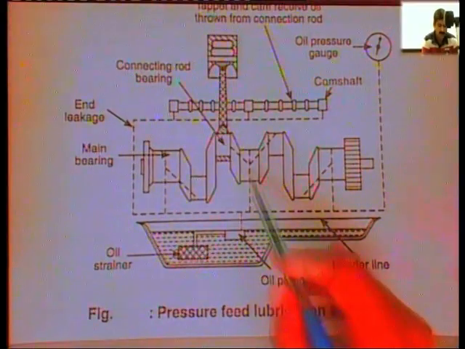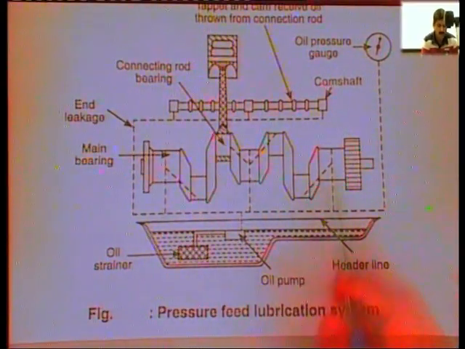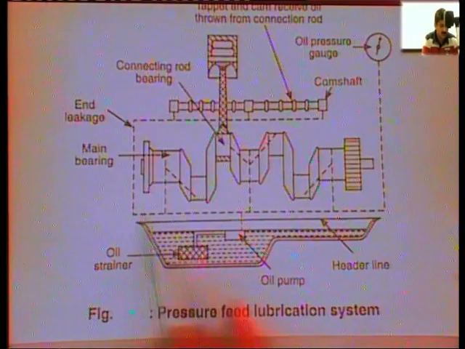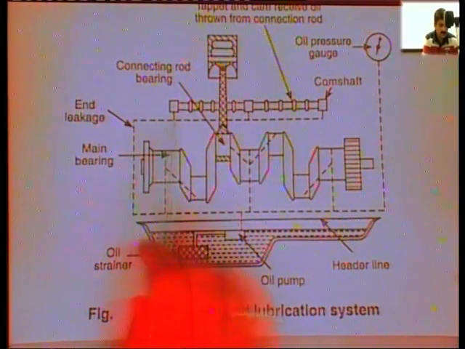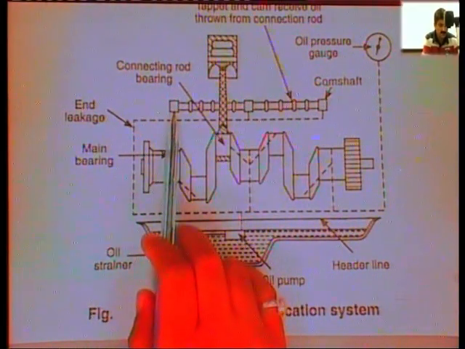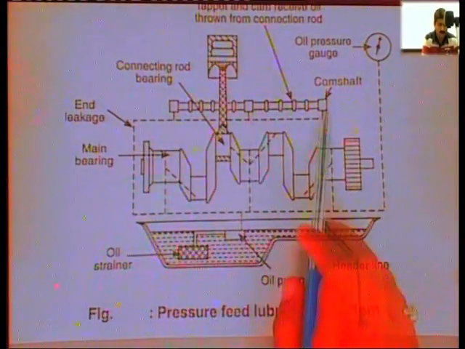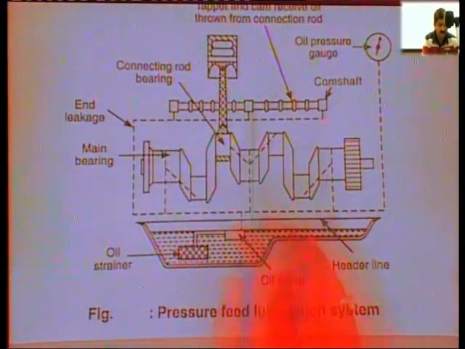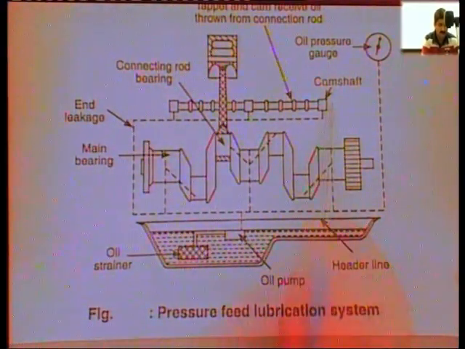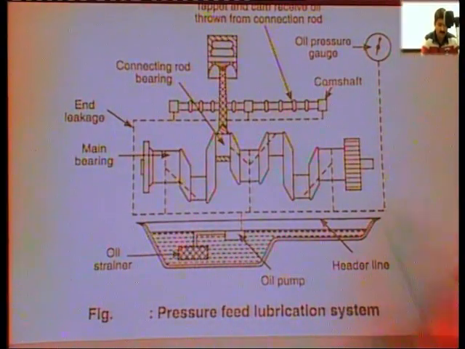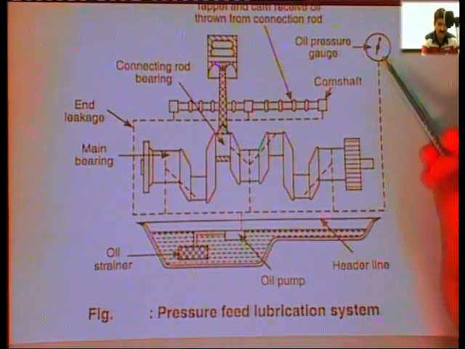This is a pure pressure lubrication system. The oil comes under pressure and is provided to all the points, and also you can see that oil is going here also to the bearings of the camshaft and tappet. And this is the oil pressure gauge, which will measure the pressure of the oil gallery.